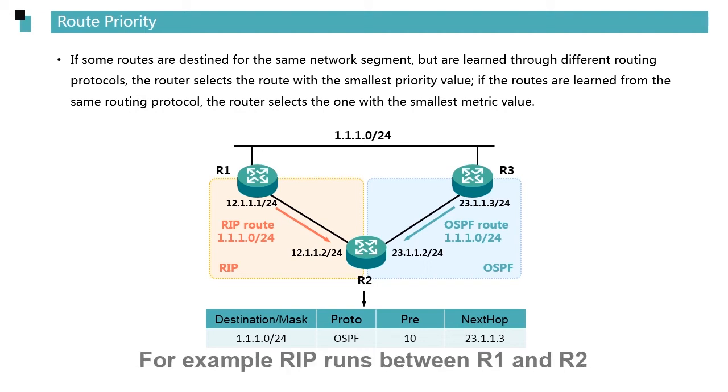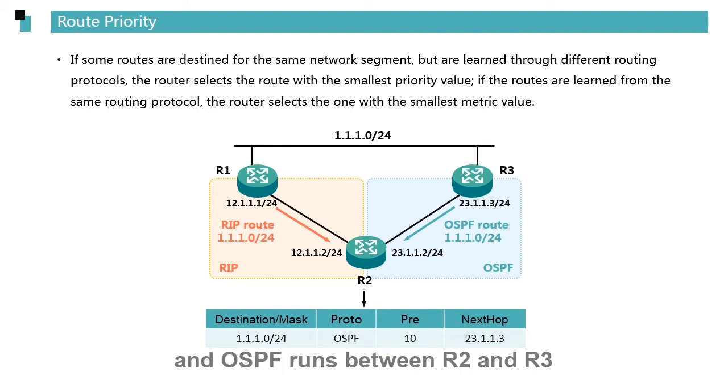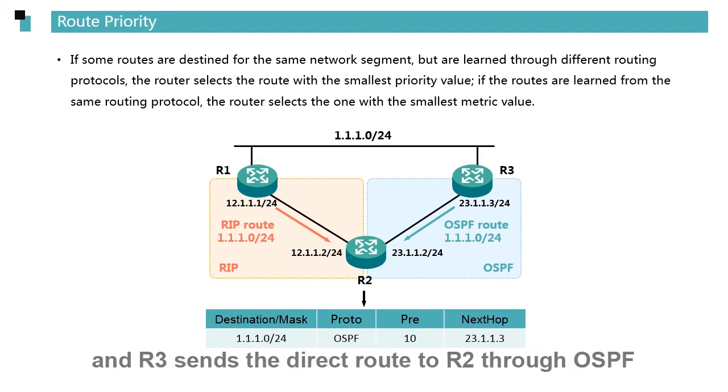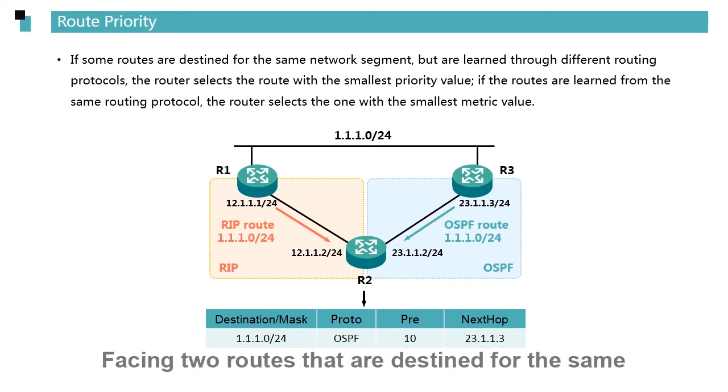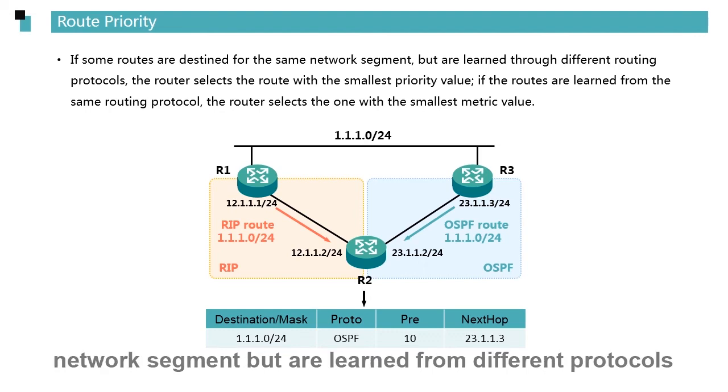For example, RIP runs between R1 and R2, and OSPF runs between R2 and R3. R1 sends its direct route 1.1.1.0/24 to R2 through RIP, and R3 sends the direct route to R2 through OSPF, so R2 faces two routes that are destined for the same network segment but are learned from different protocols.